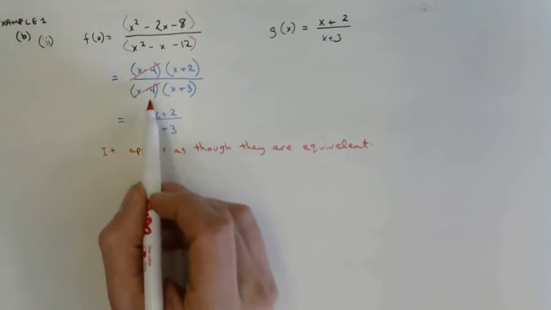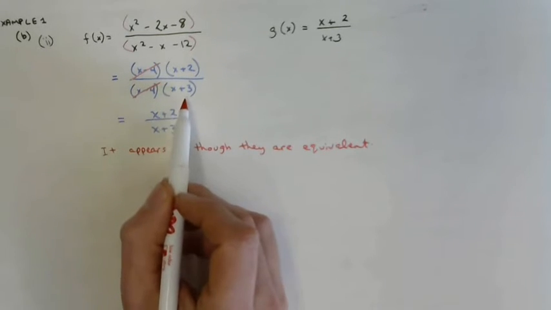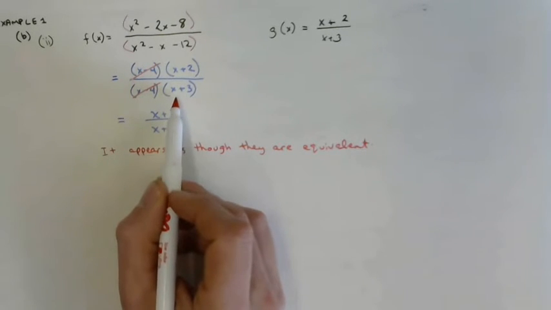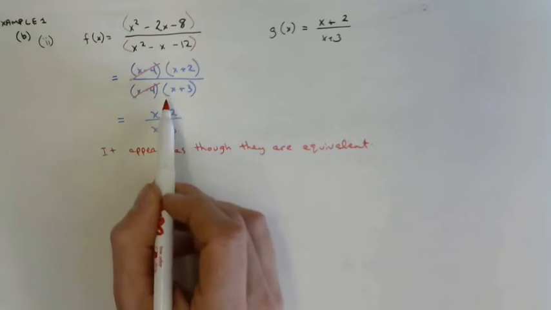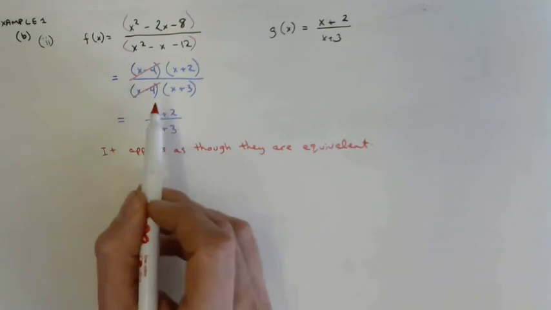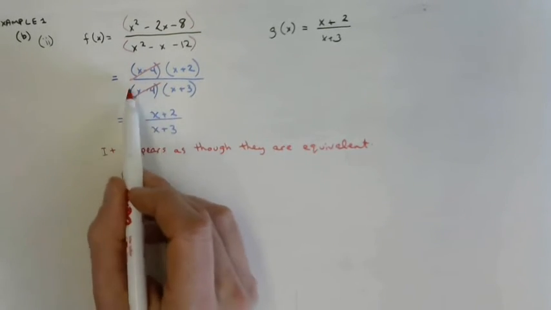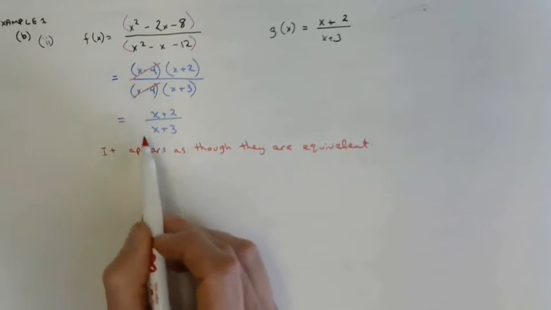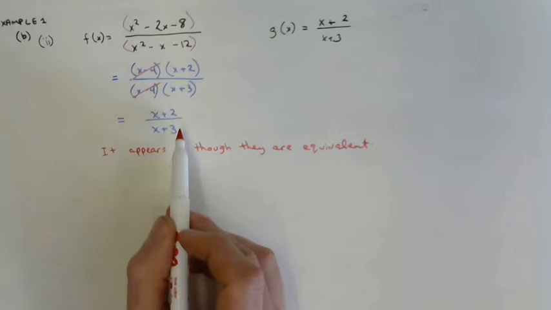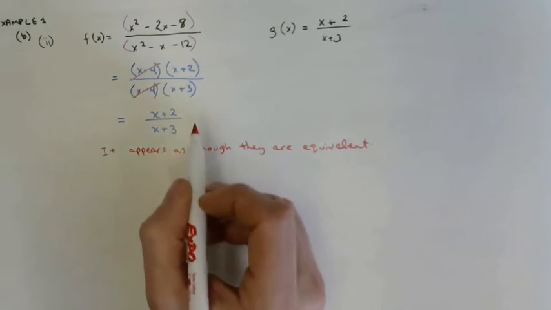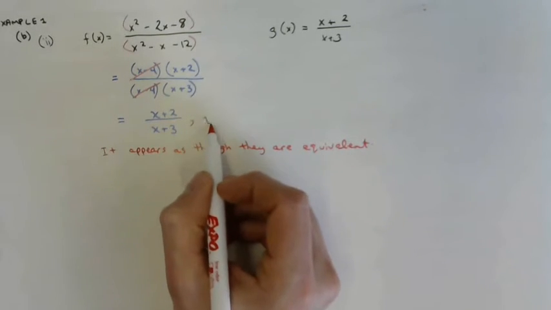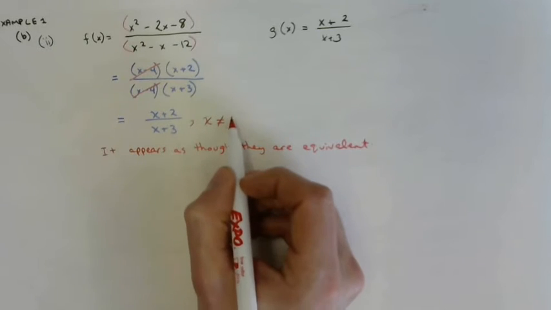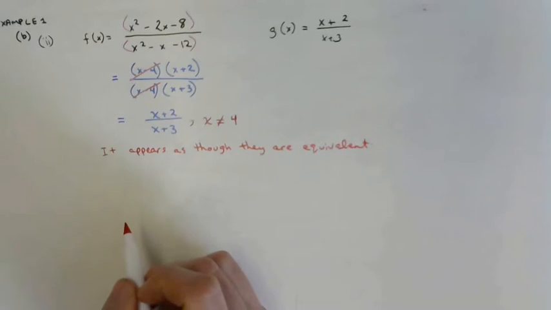We found those values. This function does not exist when x equals -3, because that would make this factor 0. And this function does not exist when x equals 4. But where did that factor go when we simplified? It disappeared. But that doesn't change the fact that x cannot be +4.